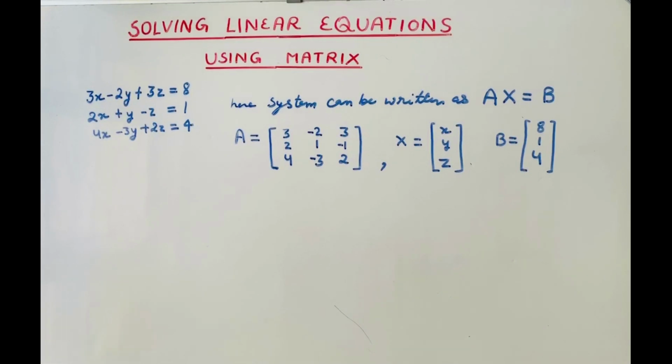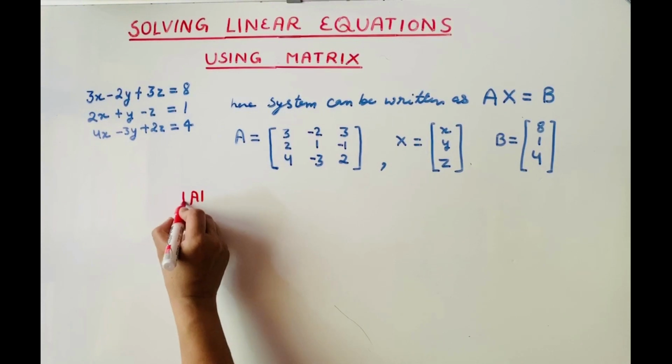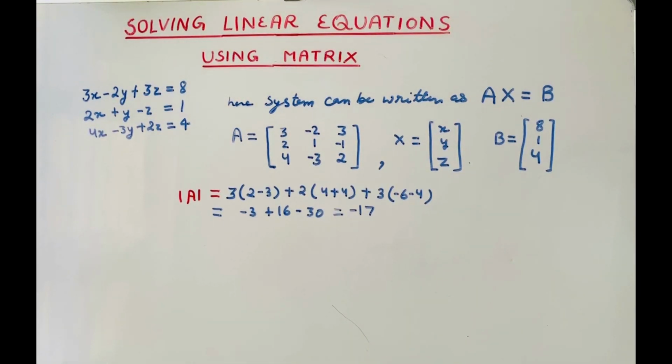Now for finding the values of x, y, z, the first step is to find the determinant of A. So let's see what the determinant of A comes out to be. We can expand it along the first row, and after finding the determinant you can see it is coming to minus 17.